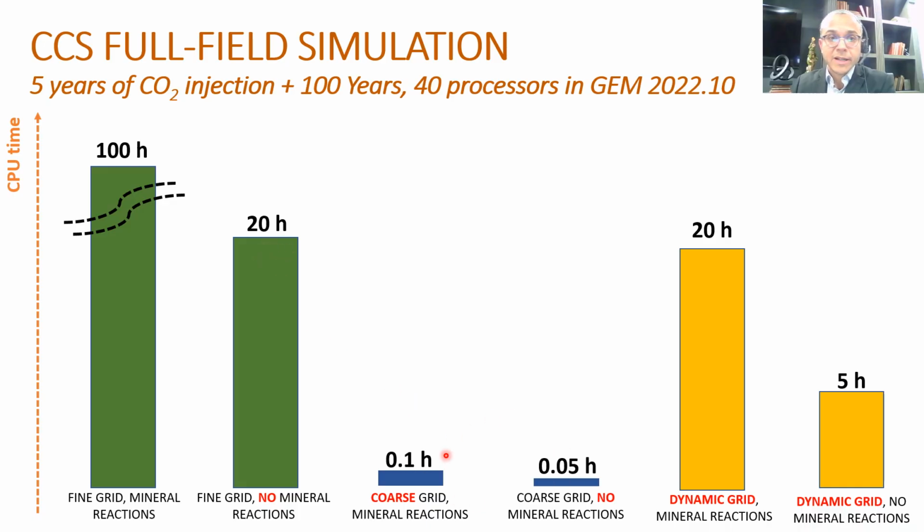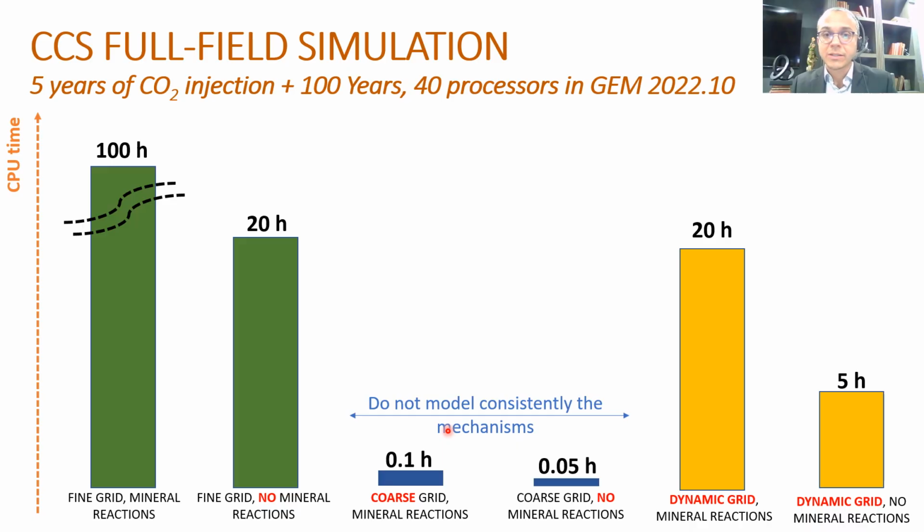The blue bars represent the simulation in a coarse grid scale. The first one considers the mineral reaction, and the second one without the mineral reactions. Both indicate very small CPU time, but the results are not consistent with the high resolution models, and we'll discuss this better later. Therefore, the optimum grid size needs to provide results consistent with the fine grid, but with the lower CPU times of the coarse grid model.